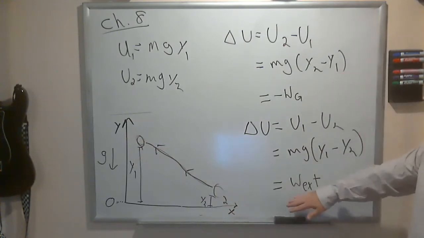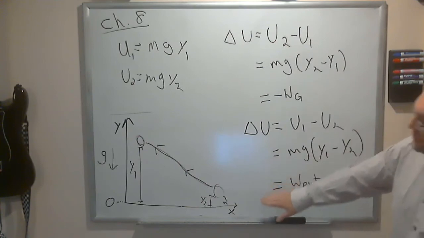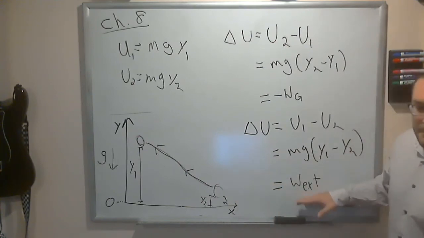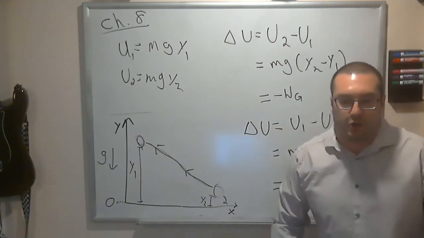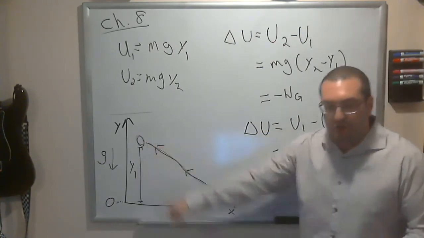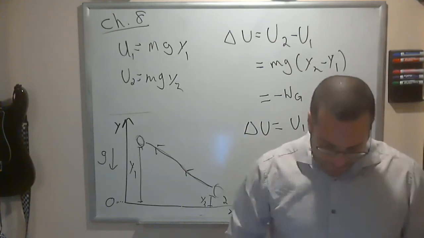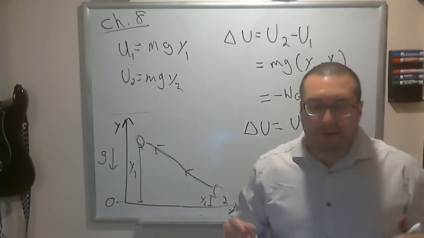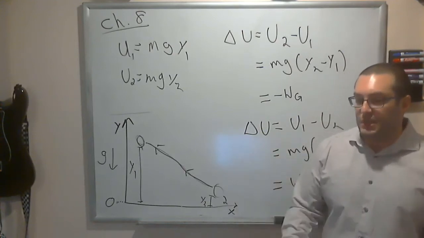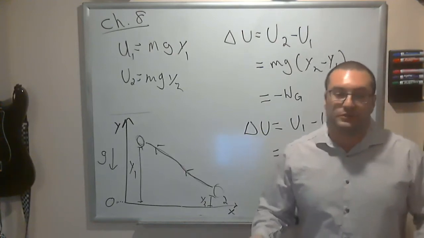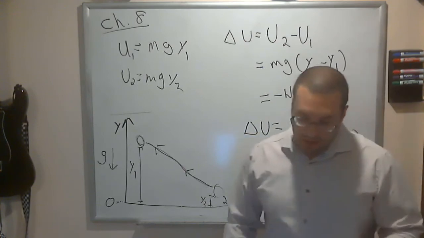And the change in potential energy in this case is equal to the work I put in. How much energy do I put in? That's how much energy goes into the configuration of the system, right? And these are pretty simple concepts, and because they're so simple, they're very, very powerful to solve these problems, right?